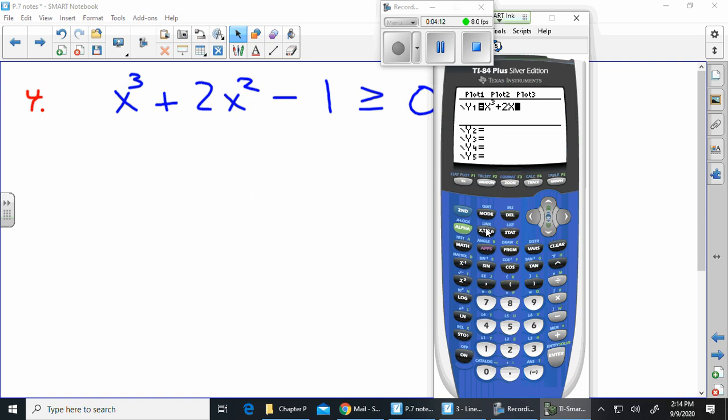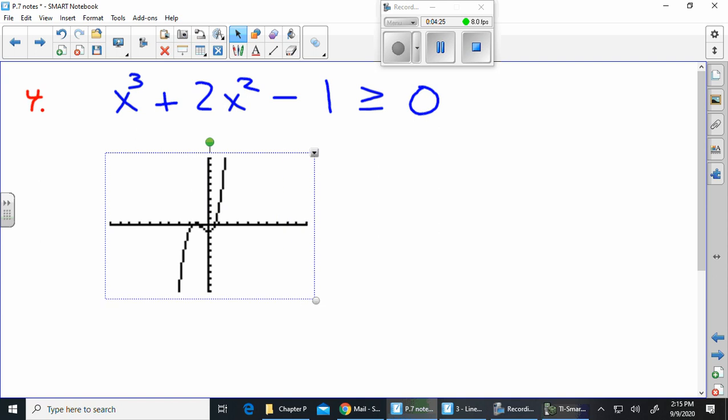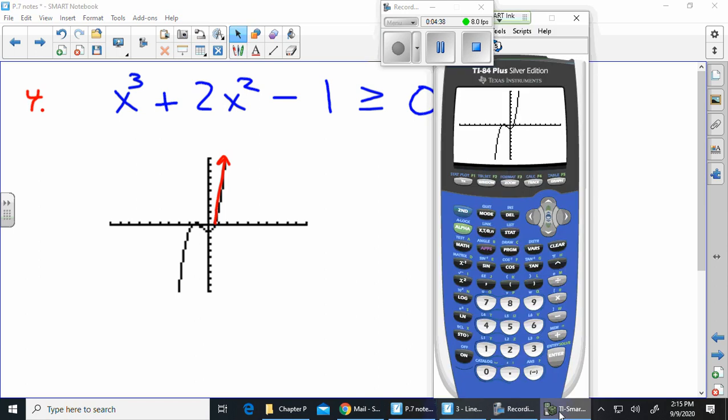So x cubed plus 2x squared minus 1, graph. Zero's on a side by itself, so I'm good. Now, the only thing with this one, which I will go over more in person, when is it greater than 0? Well, you can clearly see that part. So you could get your calculator above 0, and you could do second trace 0, left bound, right bound.